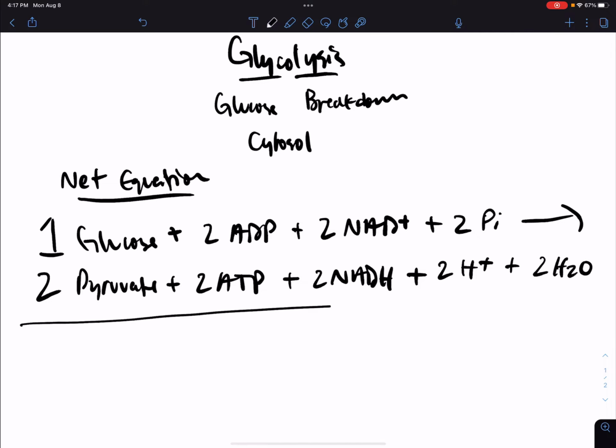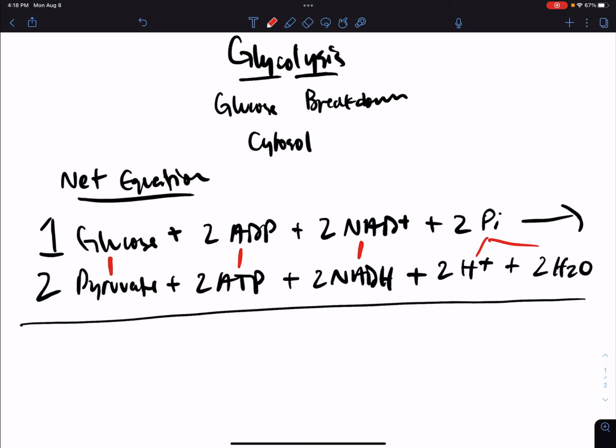The reason I write it that way is so that you can see that the glucose is becoming pyruvate, ADP is becoming ATP, the NAD is becoming NADH, and then the inorganic phosphate is magically becoming a couple hydrogen ions and some water. Not necessarily true. Not true at all, actually.